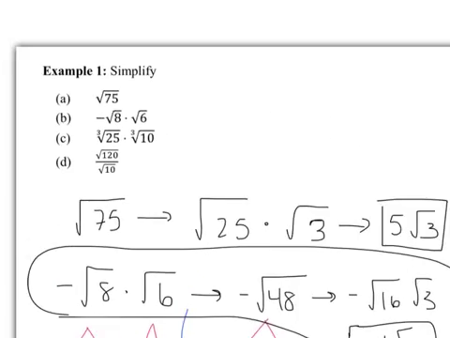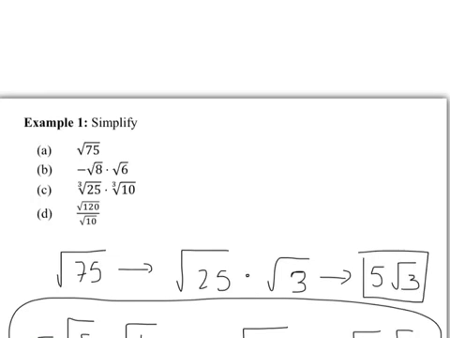All right. Let's take a look at example C. The cube root of 25 times the cube root of 10. Well, for these problems, we have to think about the fact that now we need to look for something that could go into these that's a perfect cube, not a perfect square.